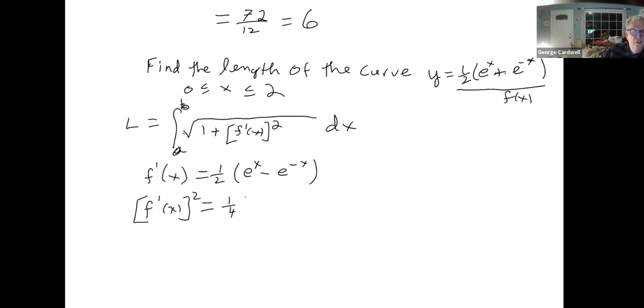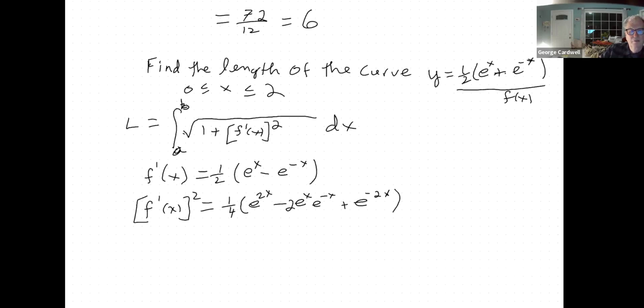Then I have to go minus 2 times first times second. And then we add to that e to the minus x squared, or e to the minus 2x.